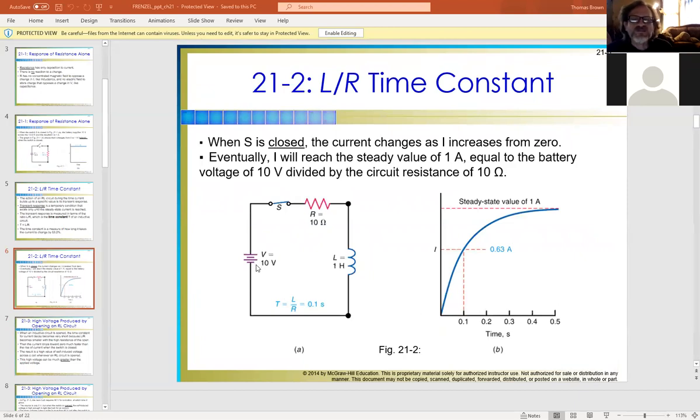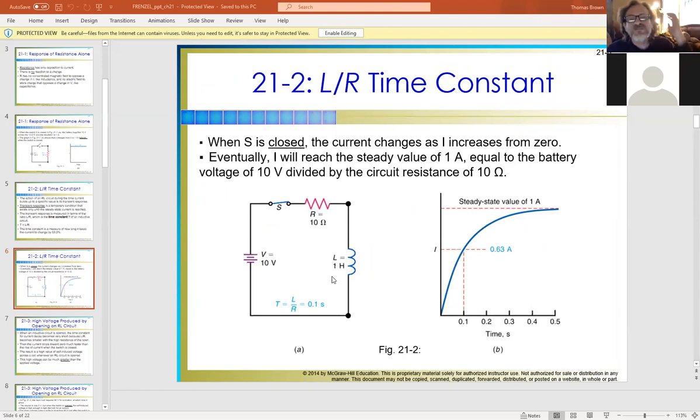Here we see the same circuit as we had before, but now we throw the inductor in here. Remember, this is a DC charge. We're not going to get much in the way of change. It's going to take time to build up. See how it does here? With the resistor, we saw virtually instantaneous response and it reached steady state instantly.